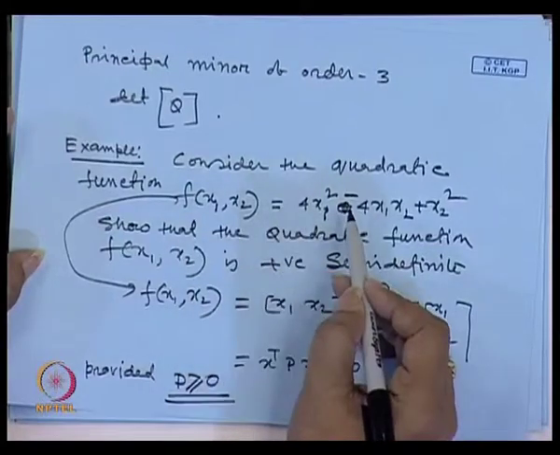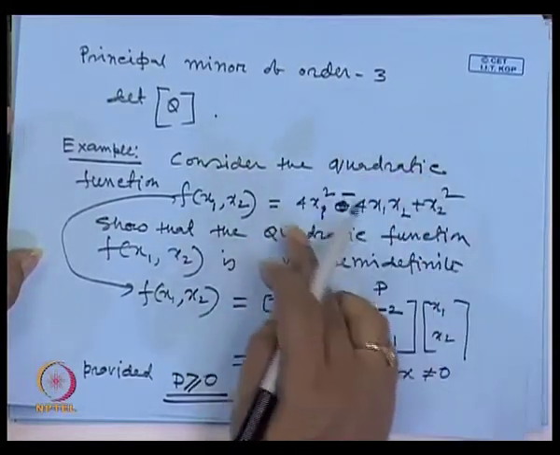So I am leaving this as an exercise. In the function we have considered in this example, if you multiply by minus 1, the function will be a negative definite function.